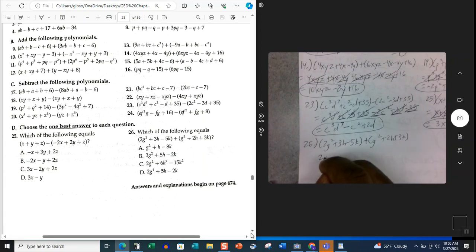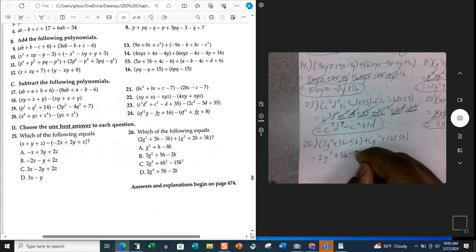So first parenthesis, we'll drop everything and drop the parenthesis and write everything as is. So you had 2g squared plus 3h minus 5k. You have a plus sign in front of this parenthesis, so you keep everything as is without the parenthesis.